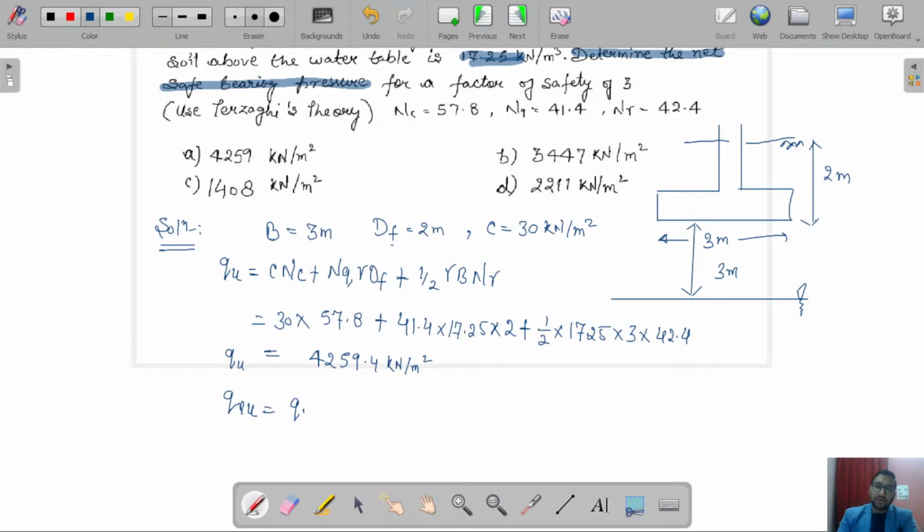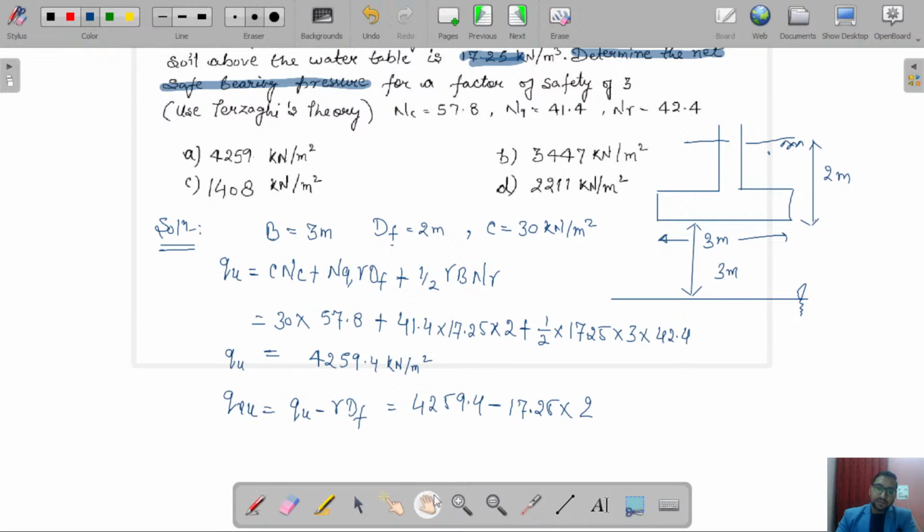It will be equal to Qu minus gamma Df, the pressure applied by the soil above foundation level. So Qu is 4259.4 minus gamma Df. Gamma is 17.25, depth of foundation is 2. So this is my net ultimate.